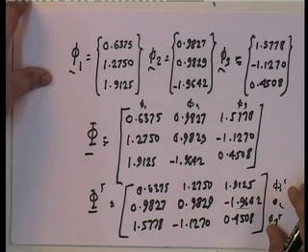Now, if I take the mass matrix and the stiffness matrix, and put phi transpose M phi and phi transpose K phi and go through each of the multiplications, you will get the following.